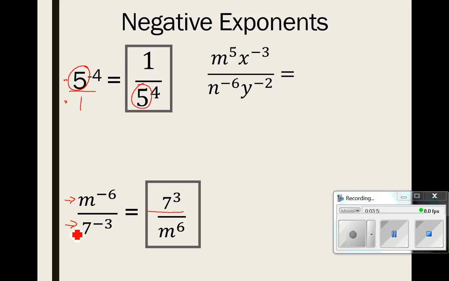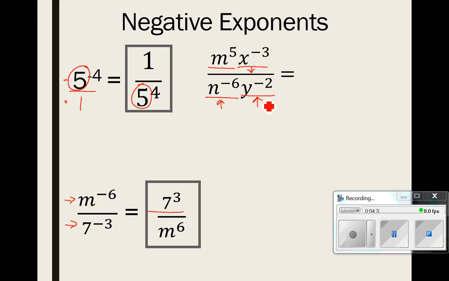Let's look at this one: m to the 5th, x to the negative 3rd, n to the negative 6th, y to the negative 2. m to the 5th does not have a negative attitude, so they're going to stay upstairs. x to the negative 3rd does have a negative attitude, so they need to go downstairs. n to the negative 6 has a negative exponent, so they have to go upstairs because they're downstairs. y to the negative 2nd power has to go upstairs as well because it also has a negative attitude.